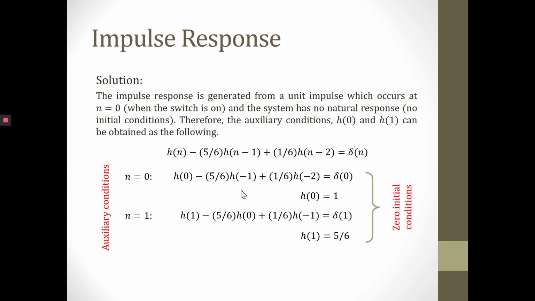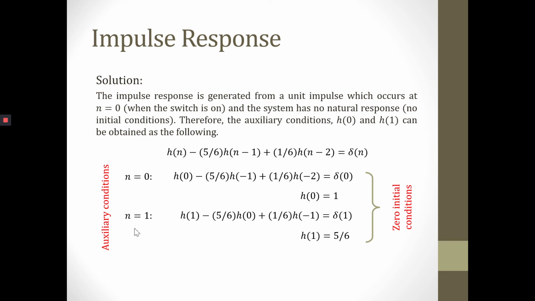We need to assume that the initial conditions for zero state response are 0, so h[-1] is 0 and h[-2] is 0. For impulse response, for n equal to 0, the value is 1. So in this case, we obtain h[0] is equal to 1.